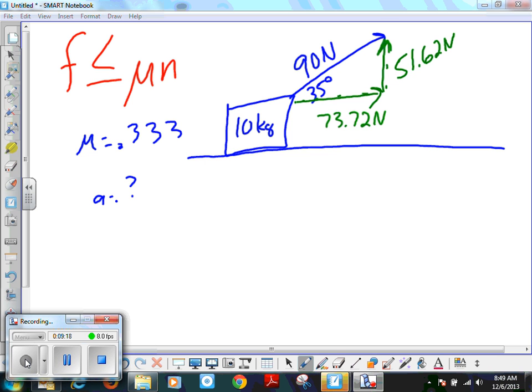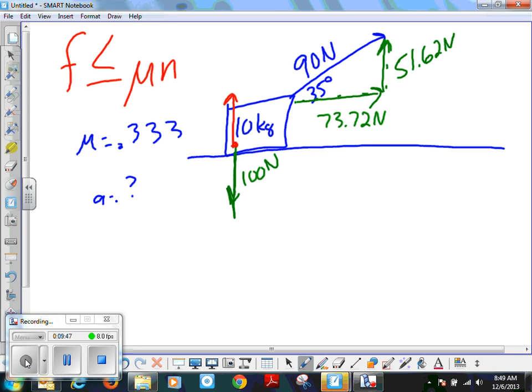Thank you, Hayden. Okay, so now this time we're going to have to know how the effects of the normal come into play here. Okay, so we know here that weight is 100 newtons, but the normal is going to be less than 100, so I should probably draw my arrow smaller.